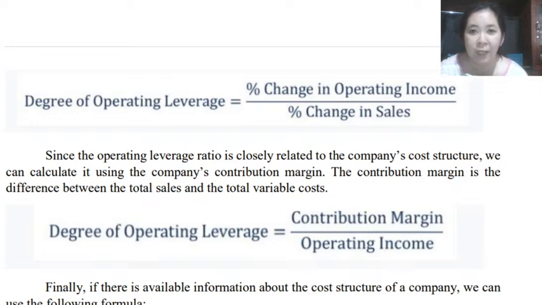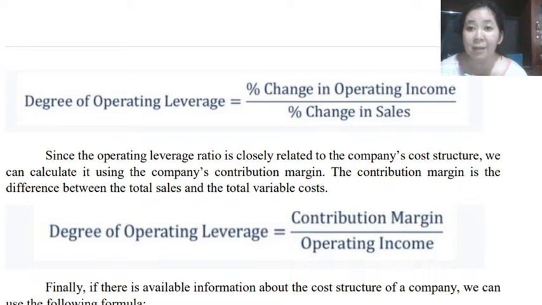So if that is our basis, then our formula to calculate the degree of operating leverage is CM, or contribution margin, divided by our operating income. By the way, in a contribution margin format, the first line will be the sales revenue. Next, we will deduct the variable cost, so the result will be your contribution margin.